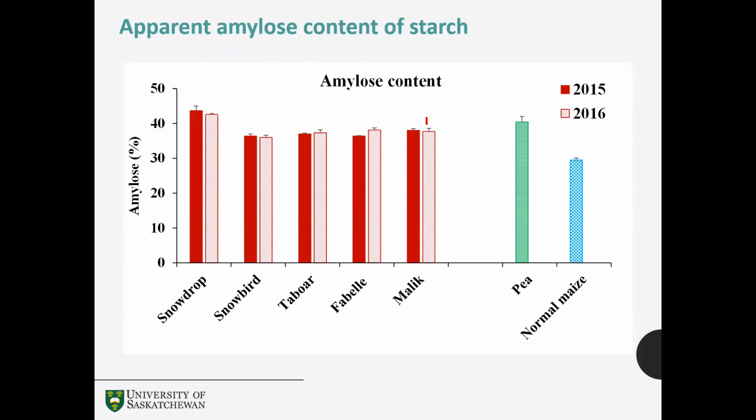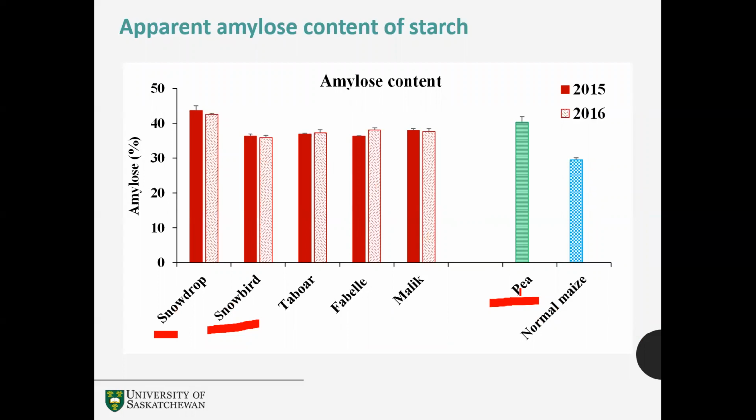We also determined the apparent amylose content of the starches using the iodine colorimetric method. The amylose content of the faba bean starches ranged from 36% for Snowbird to about 43% for Snowdrop. The amylose content of pea was comparable to that of the faba bean starch.